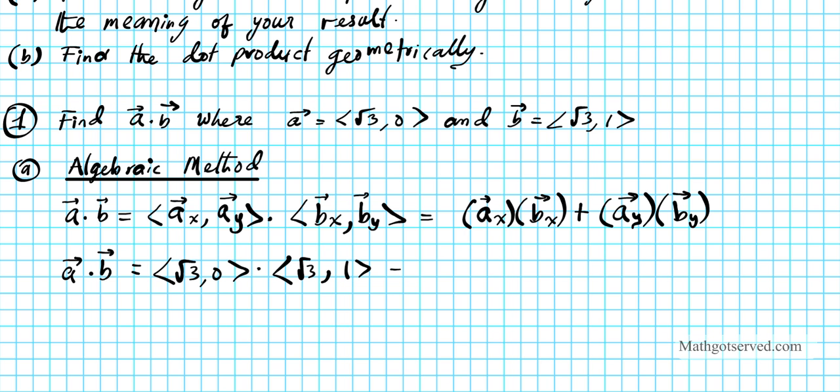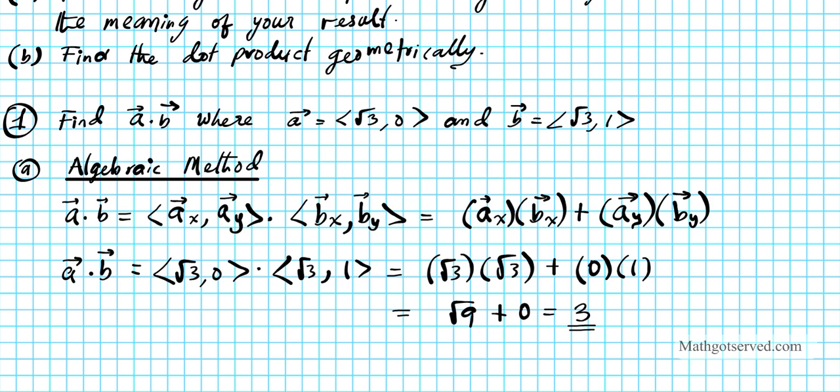What the formula tells us to do is multiply the x's and the y's and then find the sum of the products. So root 3 times root 3, plus the product of the y's, 0 times 1. Root 3 times root 3 is root 9, plus 0 times 1 is 0. Square root of 9 is 3, so our final answer is 3.